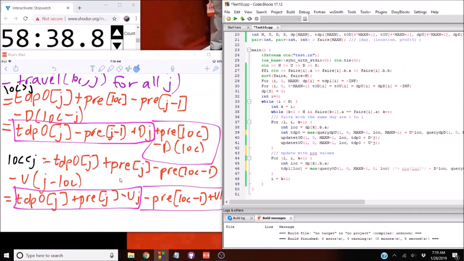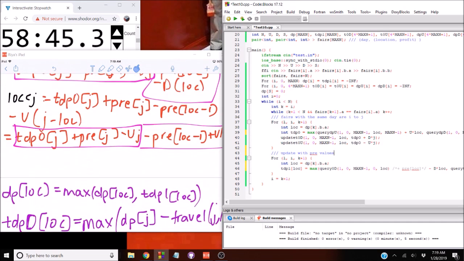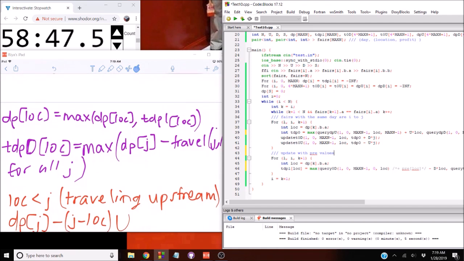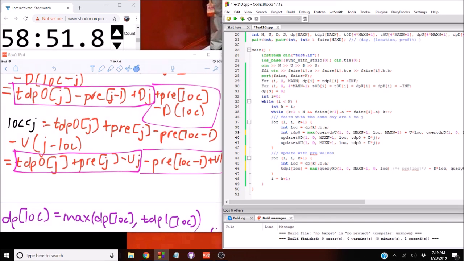Okay, and I'm just gonna look at the formula for dp. Where do I set dp? Okay, dp lock is max of what it currently is, and tdp1 of lock.